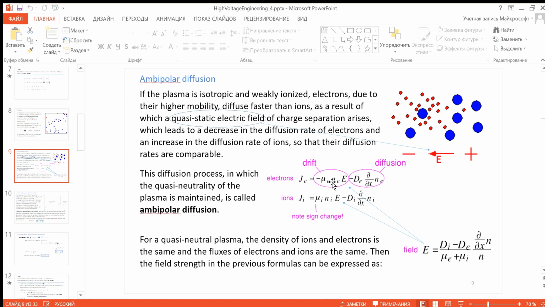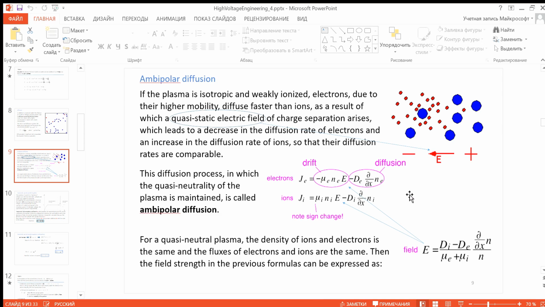This resulting field is a superposition of the external electric field and the field caused by separation of charges due to a difference in mobility of electrons and ions. The second component of these equations represents diffusion current density.